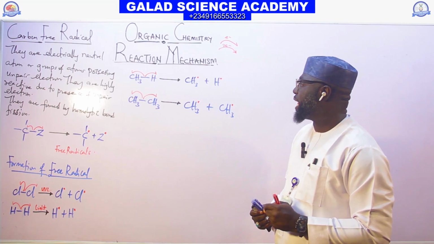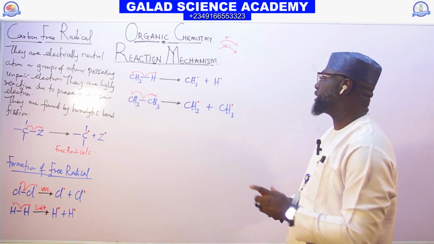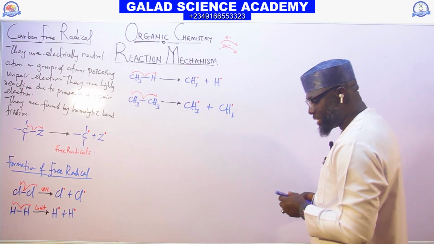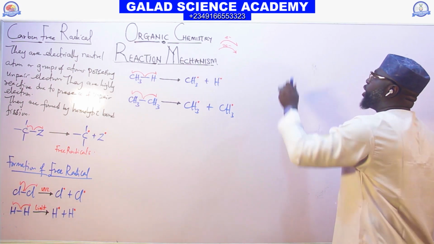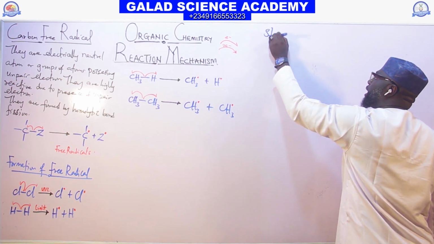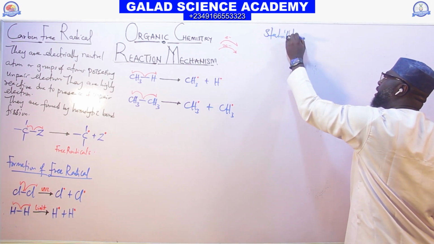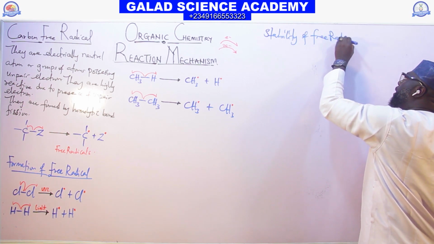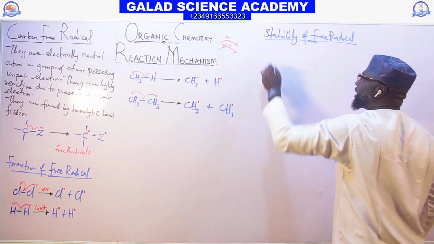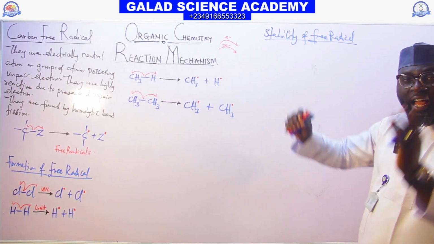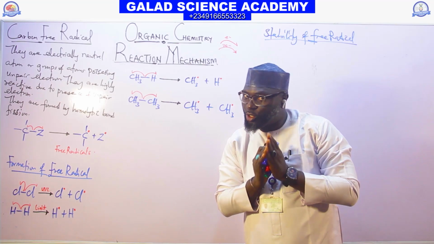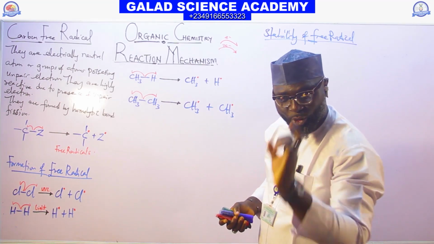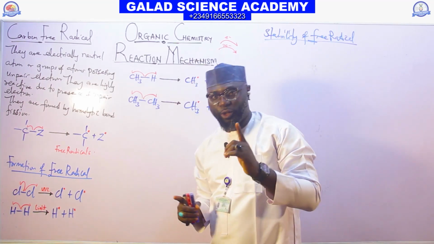Yes, and the last thing on free radicals is the stability of free radicals. What are free radicals? They are electrically neutral. They don't have a positive charge or a negative charge. Their own is an atom, but we always use dots to denote them.